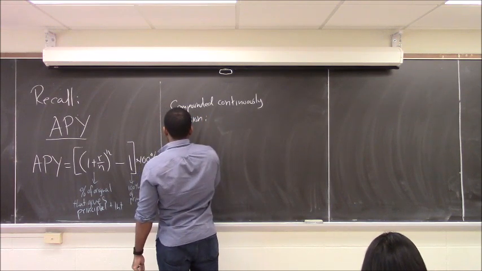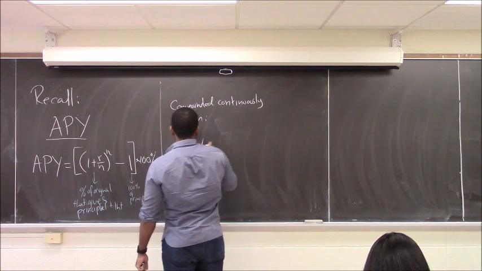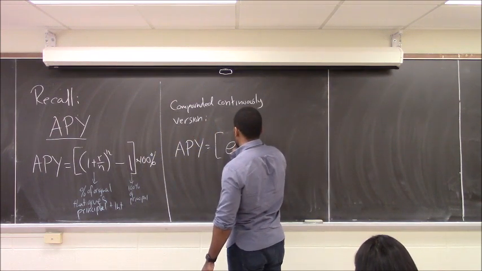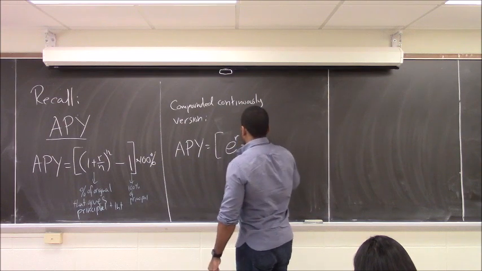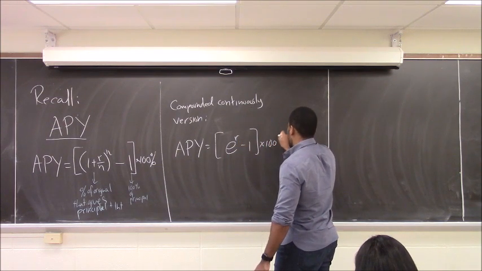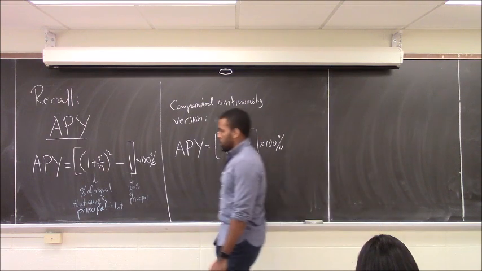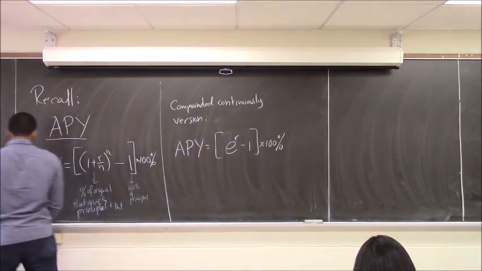If it's compounded continuously, you have to use a different formula for APY, because the interest from the compounded continuously version uses e, so it ends up being e^r minus 1. So that's where we sort of left off.